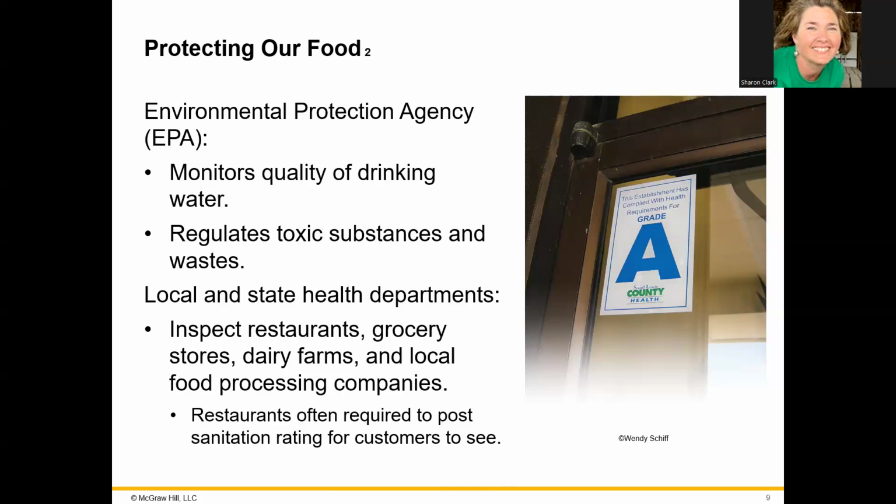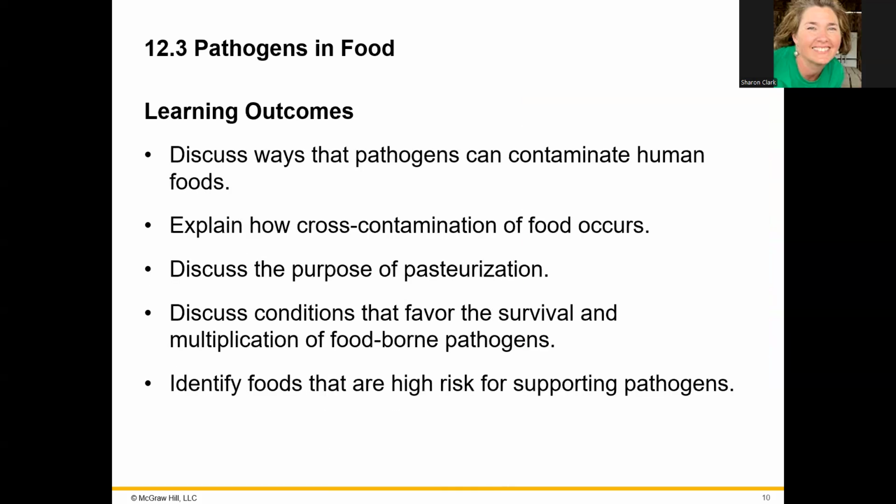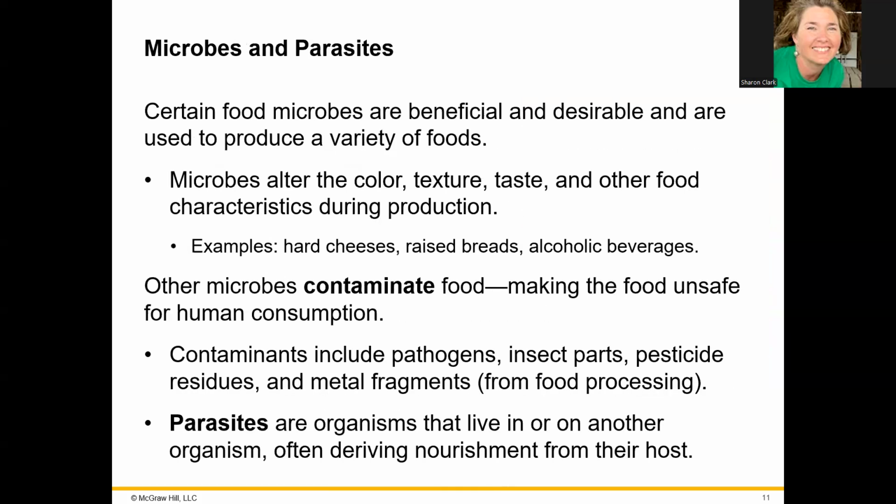But they're clearly posted where consumers can see that. So we're very thankful for these agencies to help keep our food supply safe. But there's a lot you can do as well in keeping your food supply safe and promoting good food safety.